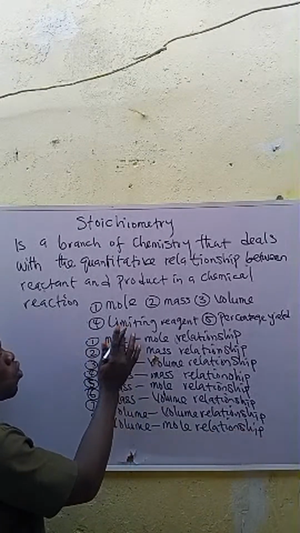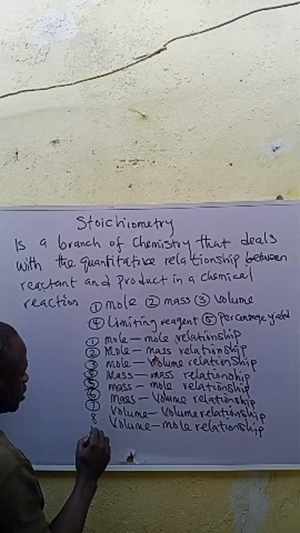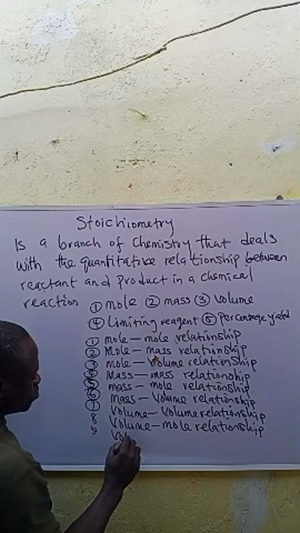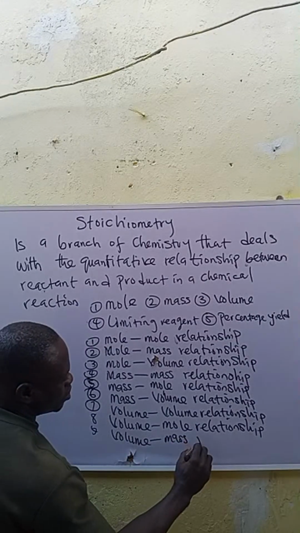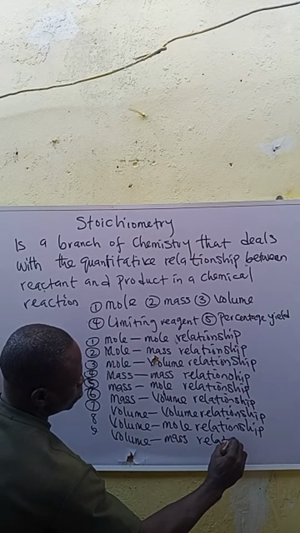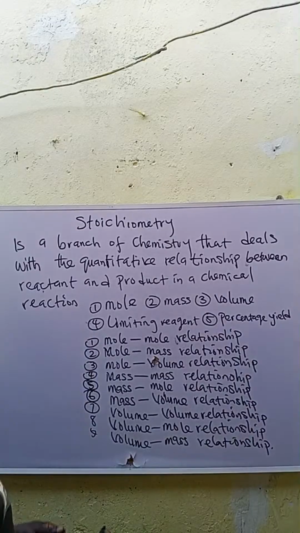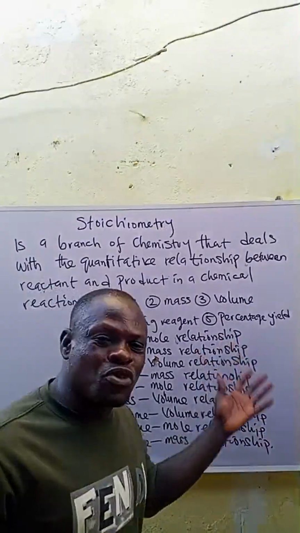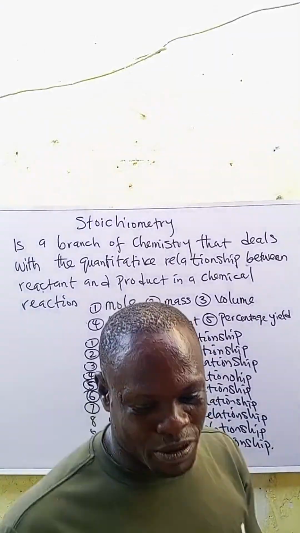And also we have volume having a relationship with mass. We call it 9, volume mass relationship. I'm going to explain all these concepts and give you a general formula you can use, very, very simple.